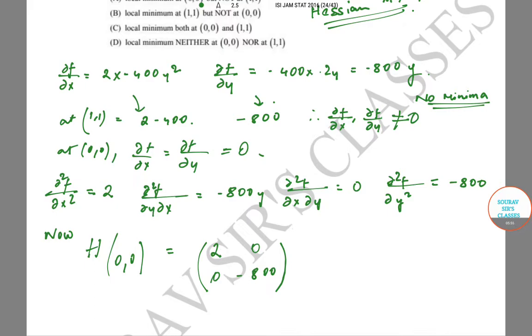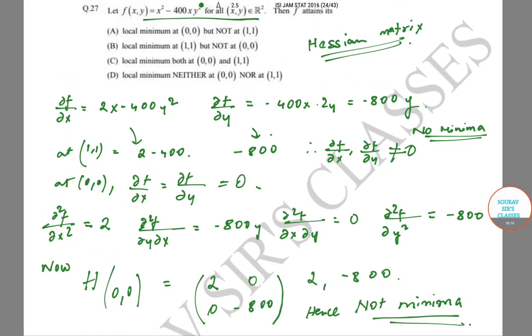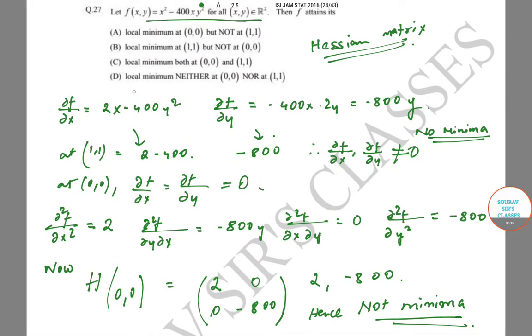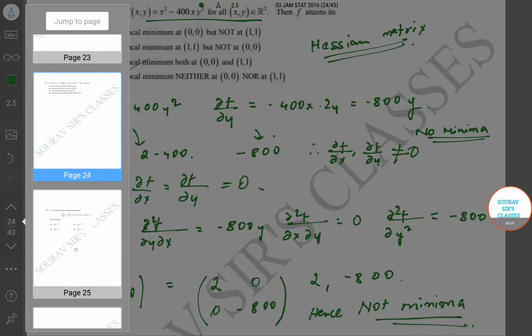Now the two eigenvalues are 2 and minus 800, hence it's neither positive definite nor negative definite, and it's not a minima. To be a local minima, it had to be a positive definite matrix. Both the eigenvalues had to be positive. So local minima neither at 0, 0 nor at 1, 1. Now we will move on to the next question.